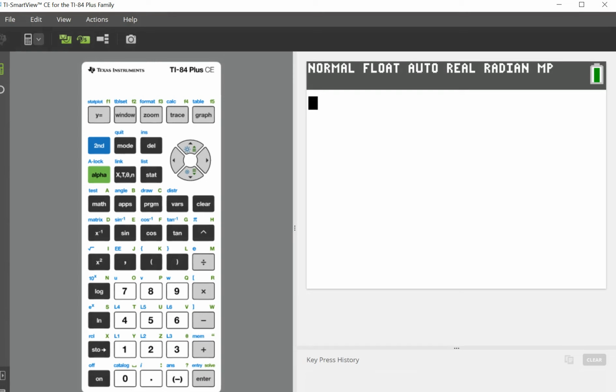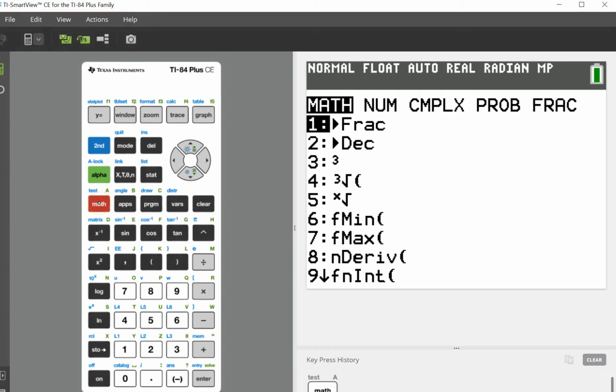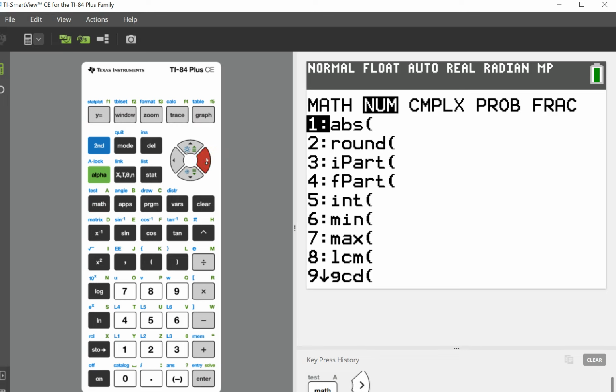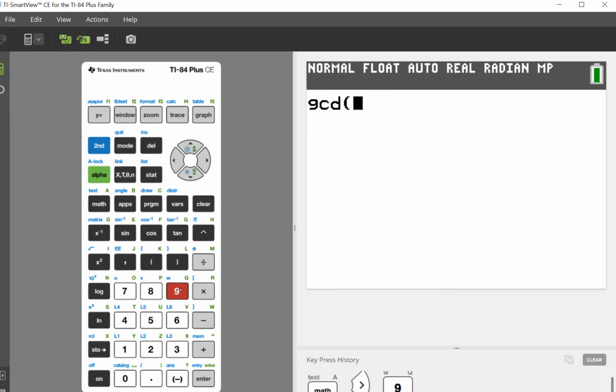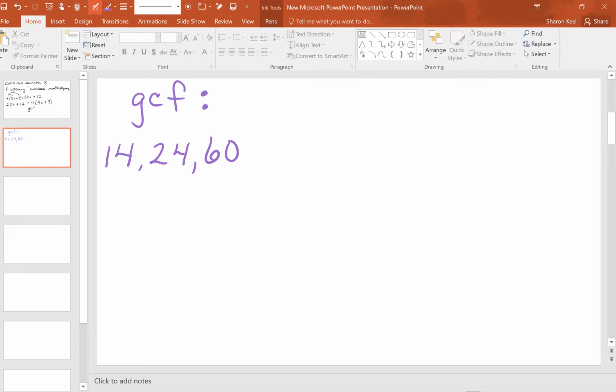So what I'm going to do is go to my calculator and press the button Math. I'm going to arrow to the right, and then I'm going to choose number 9. So we pressed the Math button, we arrowed right to NUM, and we chose number 9 where it had GCD.